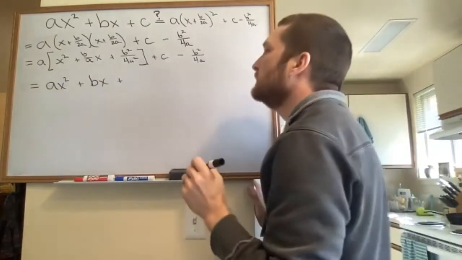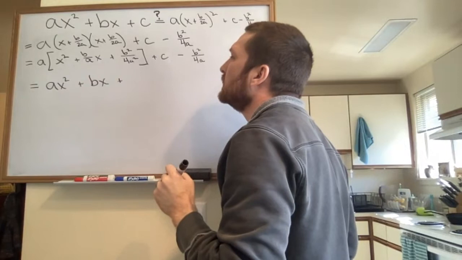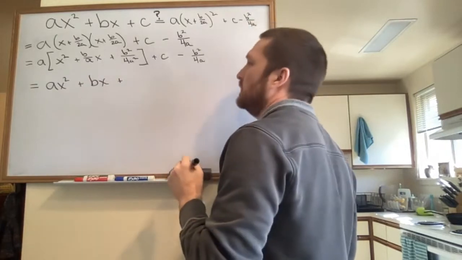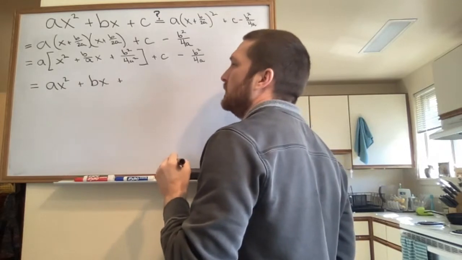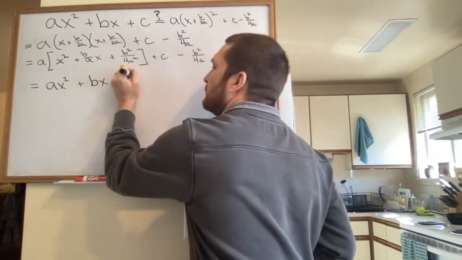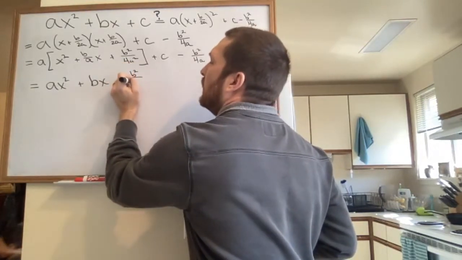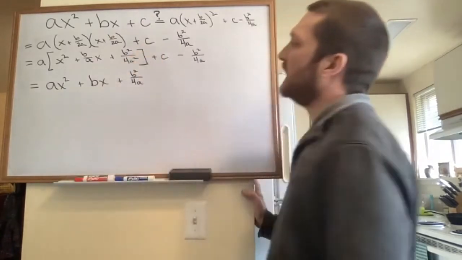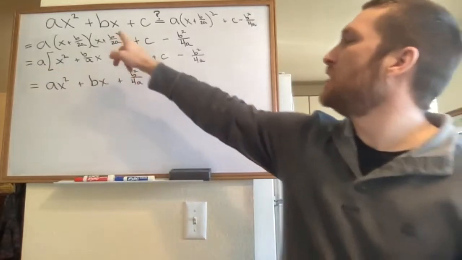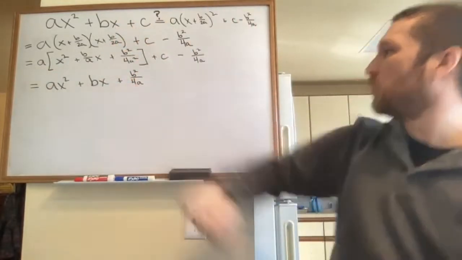Plus a times b squared over 4a squared, so would it just be b squared over 4a? Yep, exactly. I just saw that as the a comes over, a on the top, 2 a's on the bottom. That cancels one of them, leaving me with 1a.